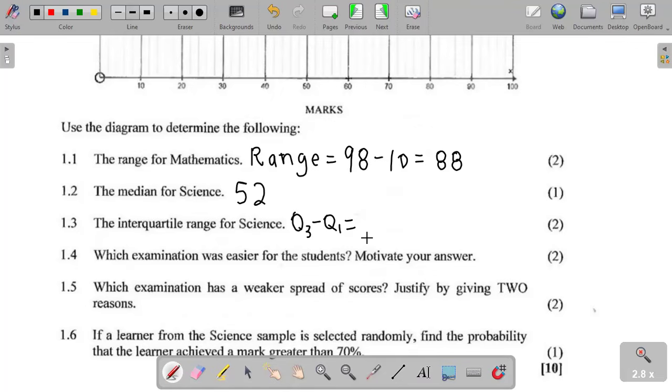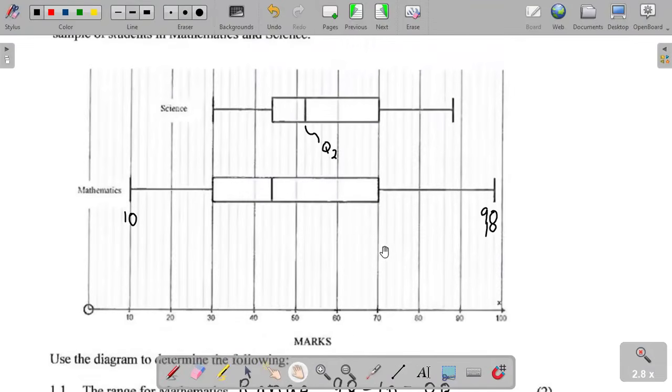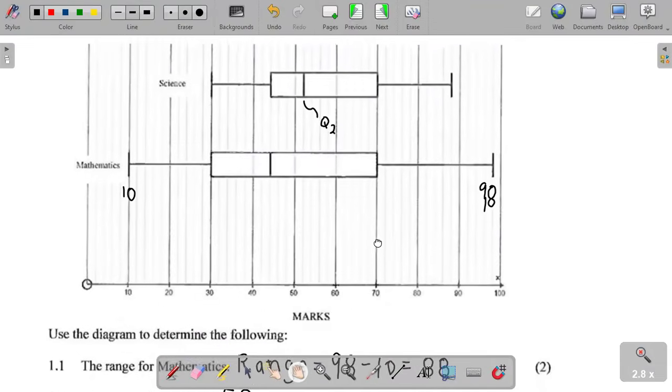Where is Q3 for science? Again, we look.